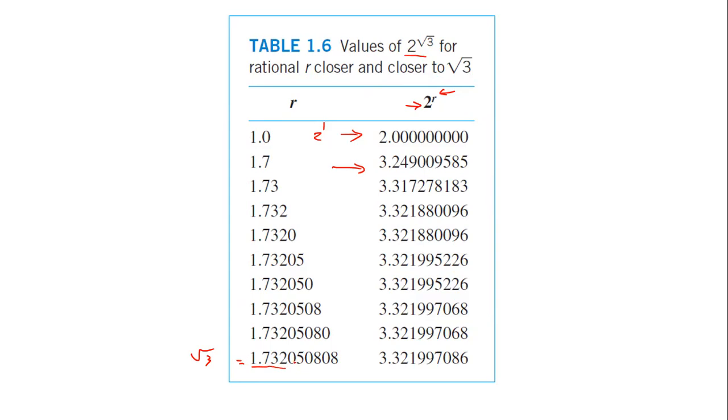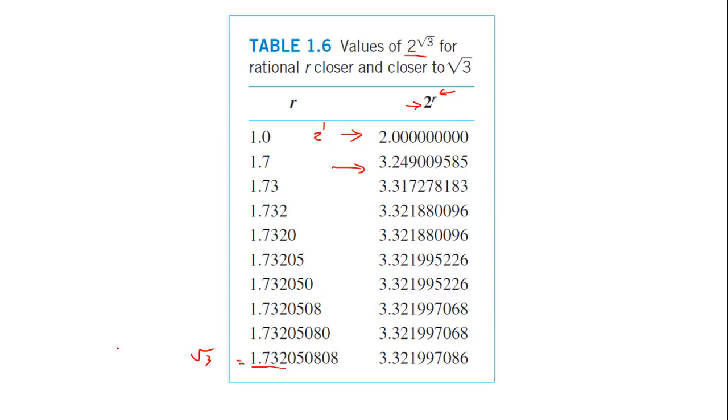Okay? So if that is the case, then 2 to the power r is going to be behaving that way. And you can use this one to plot the function, of course. We will do something similar when we look at the limits, but not today.